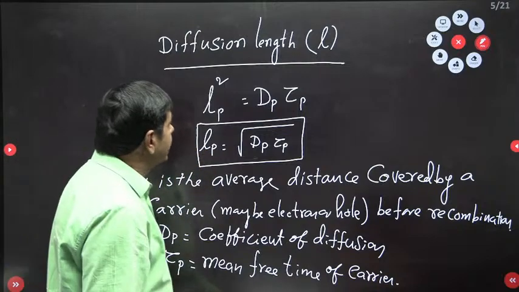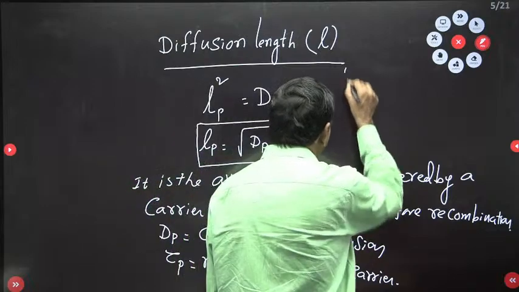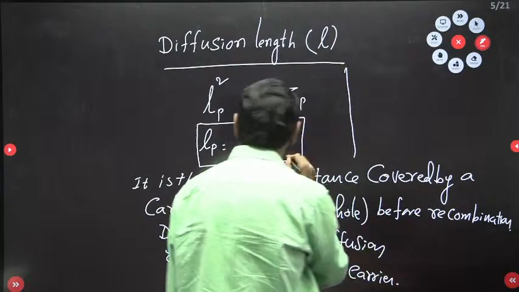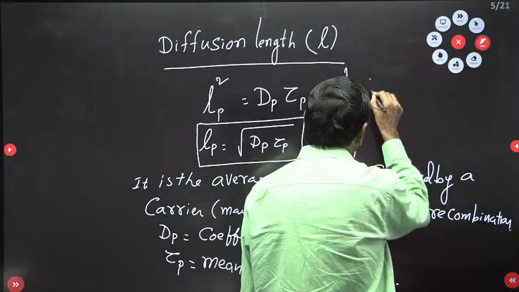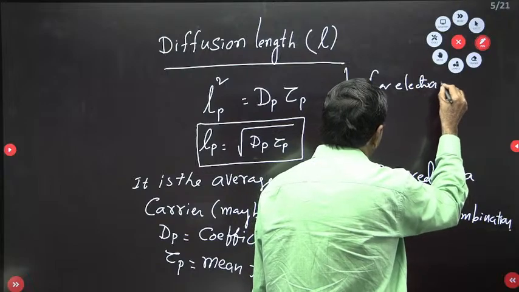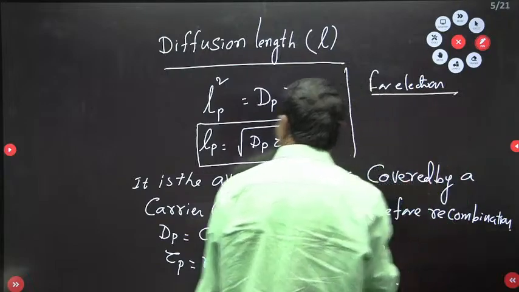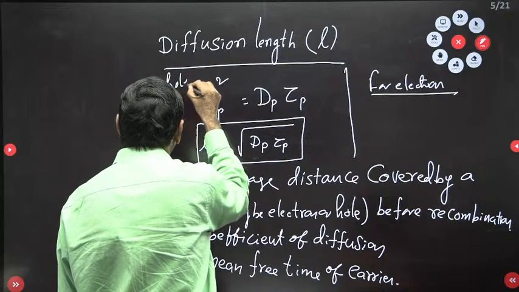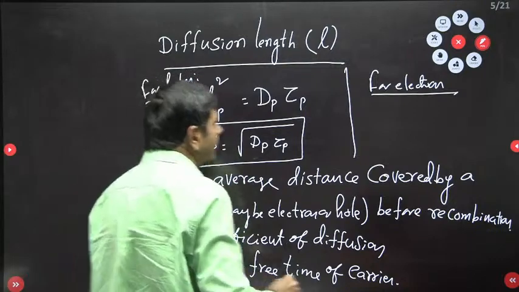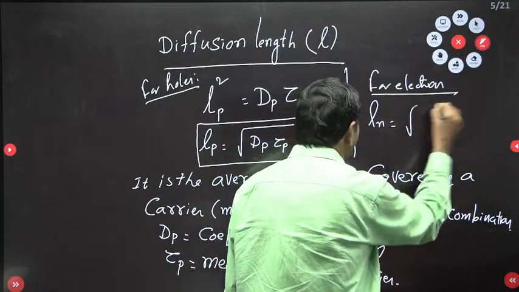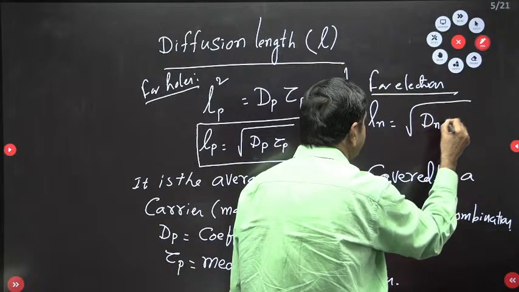Suppose you want to find the diffusion length of an electron; this one is for holes only. For electrons, I can write Ln equals the square root of Dn into tau n.